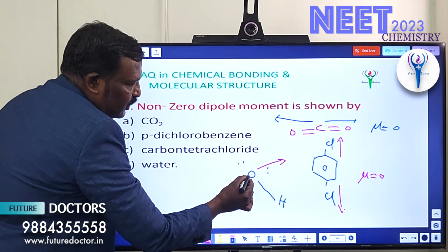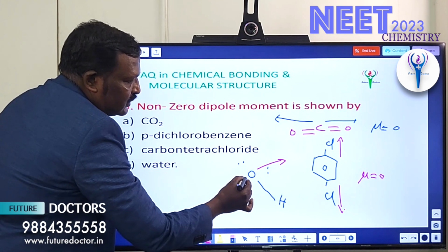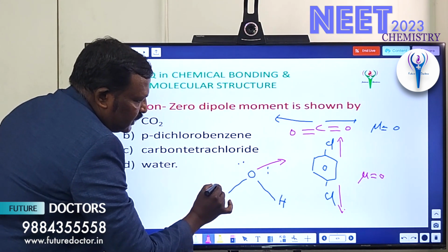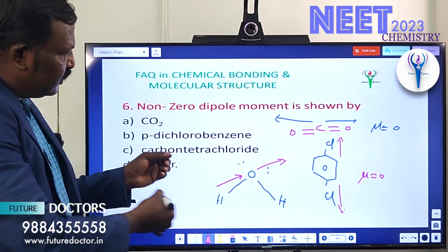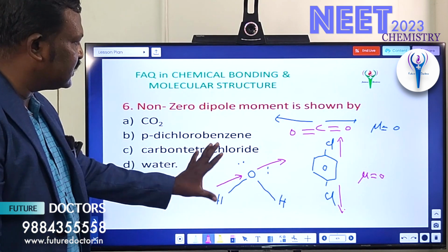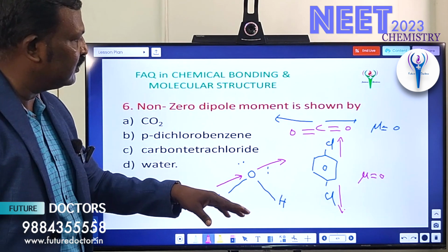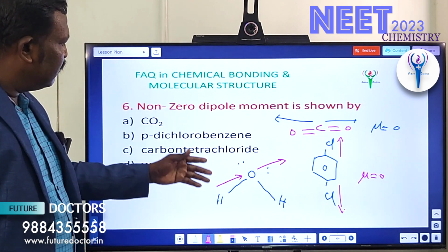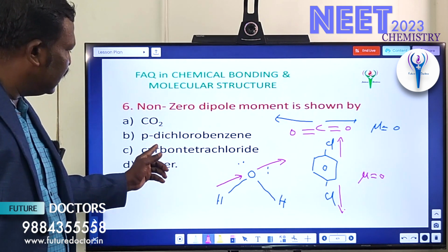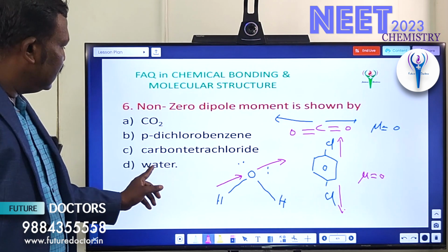But when compared to oxygen and hydrogen, oxygen has more electronegativity, so it attracts electrons this way. The arrows are going in the same direction, so it has some dipole moment value. If it is the opposite direction, the dipole moment is 0. These others all have value 0, but this one has some value.